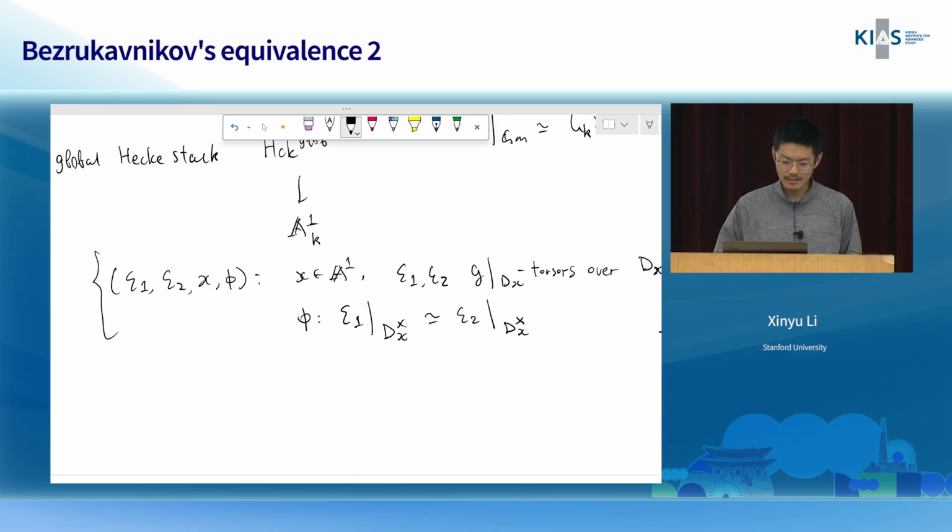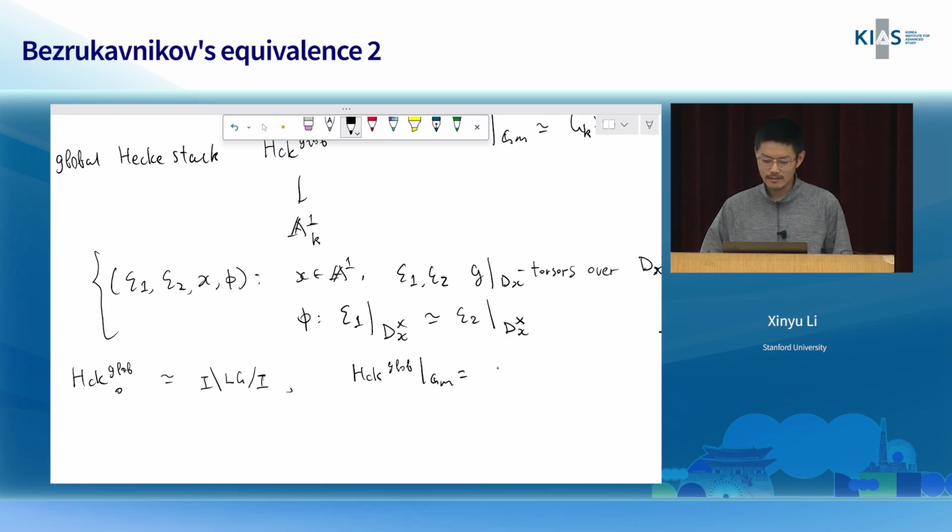So then you can see that the special fiber of this global Hecke stack is precisely the Hecke stack at the Iwahori level that we studied before. And the restriction of this global Hecke stack over Gm is the hyperspecial Hecke stack times Gm.